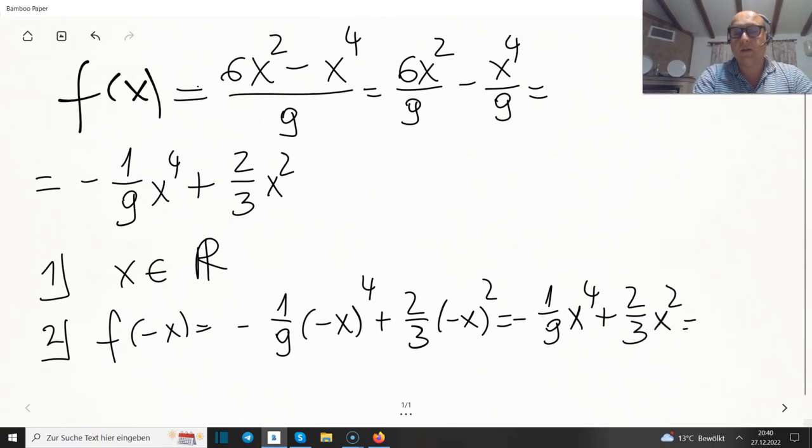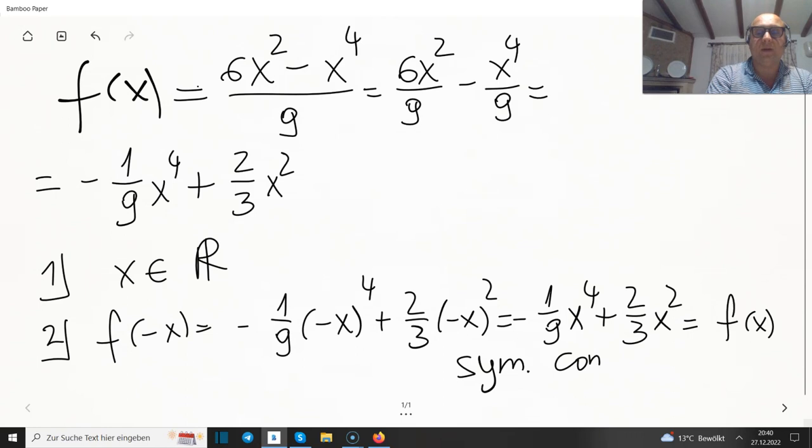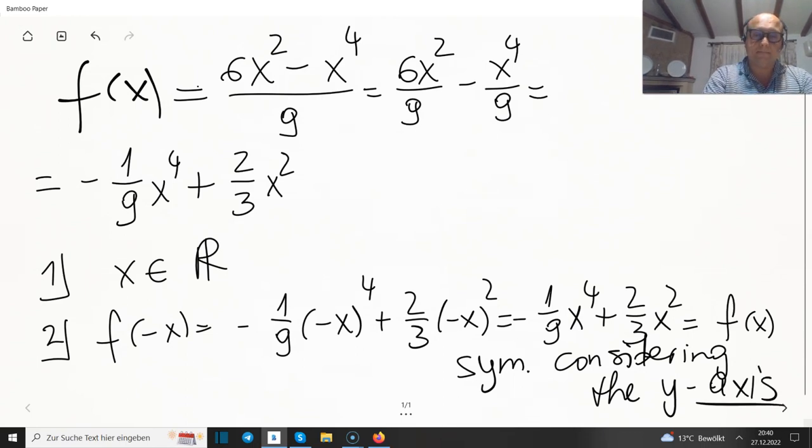We are having such a value, which is the same as f of x, so that's fine. We are symmetric considering the y-axis. Okay. All right.